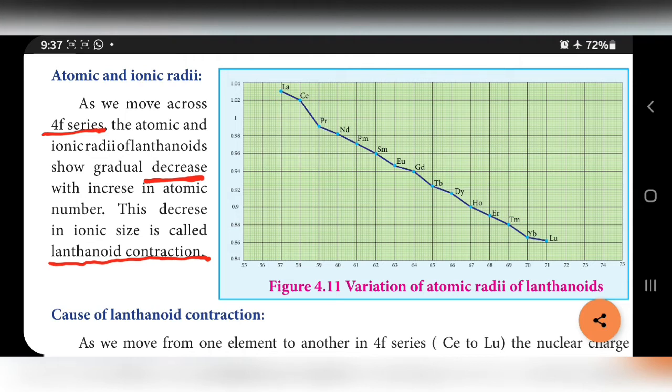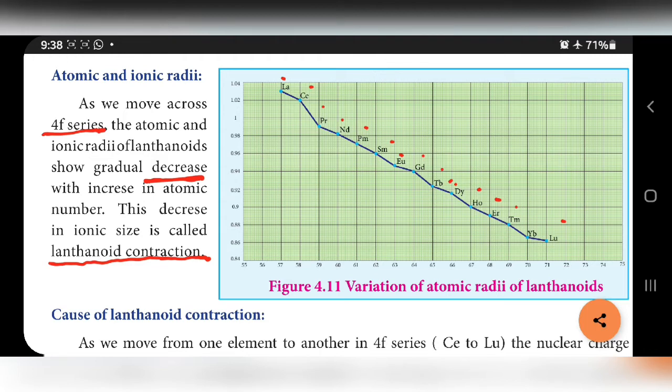See the graph, the 4f series is given here: lanthanum, cerium, praseodymium, neodymium, promethium, samarium, europium, gadolinium, terbium, dysprosium, holmium, erbium, thulium, ytterbium and lutetium.